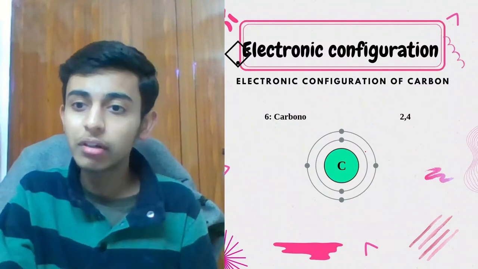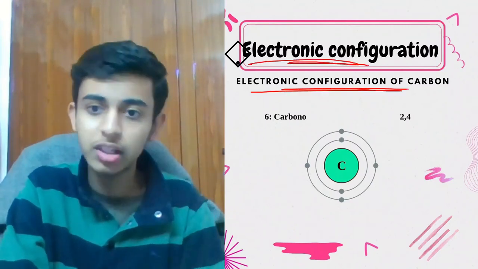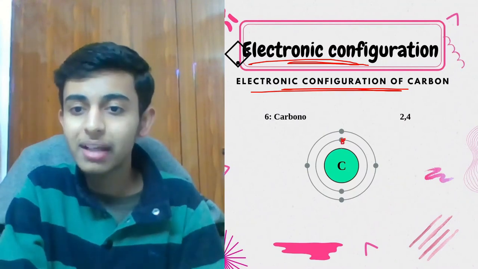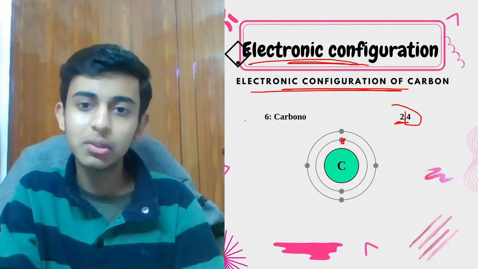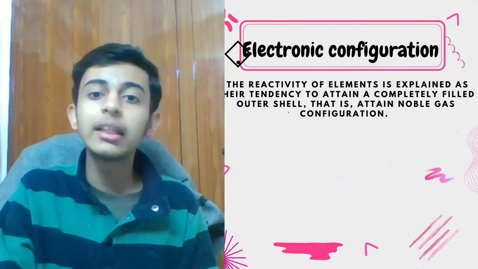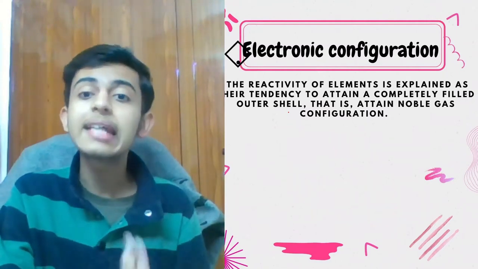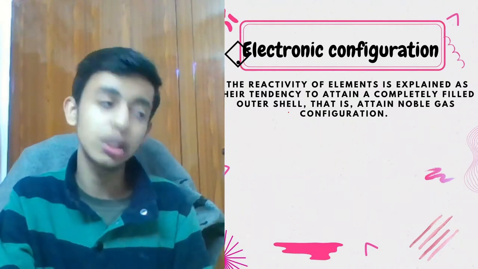What is the electronic configuration? Electronic configuration is how you put electrons in different shells. In the first shell, a maximum of 2 electrons can be accommodated. So in the second shell, automatically 4 electrons are there for carbon since its atomic number is 6. Now the reactivity of elements is explained as their tendency to attain a completely filled outer shell, that is, to attain noble gas configuration.